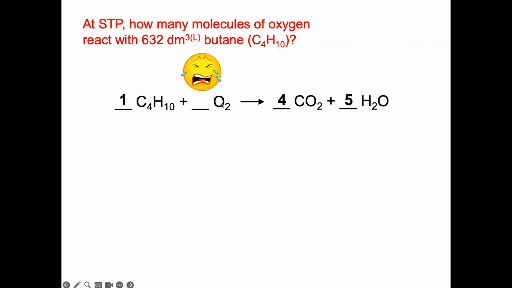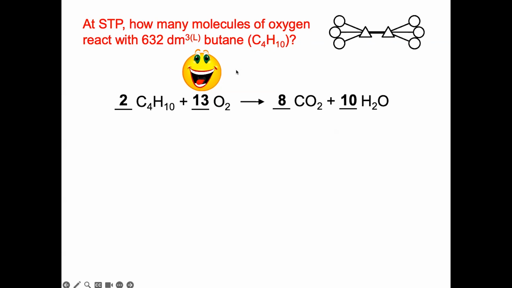However, you cannot have a fraction as a coefficient, correct? So what you can do is multiply the whole equation by 2 so that you can have 13 here. Make sense? So now you have 26 here, you have 26 here. Okay, so now we have completely balanced this equation out.